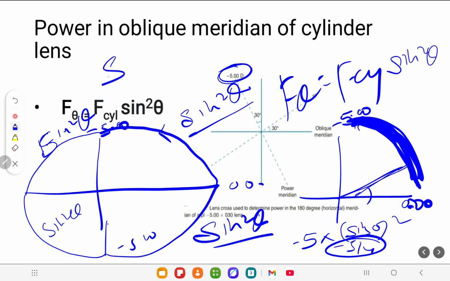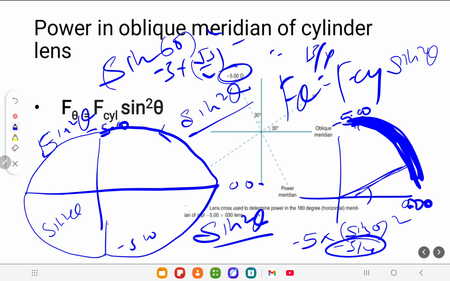And what happens at sine 60? Sine 60 whole square is minus 5 into root 3 by 2 whole square, which means 15 by 4, isn't it? This is the power at 60 degrees. So we must understand how to calculate these things.